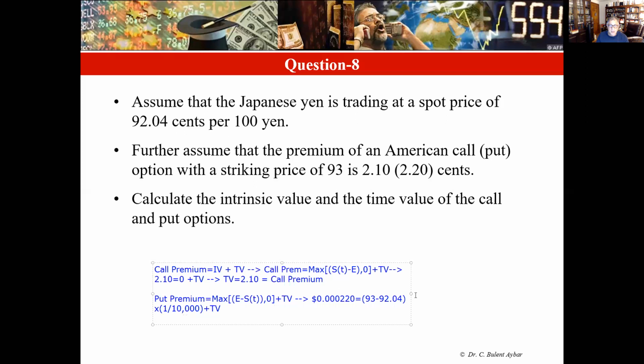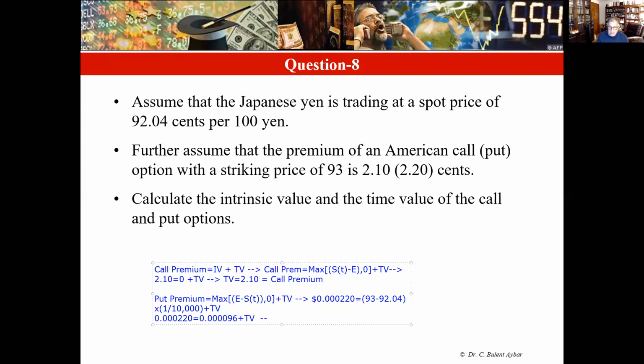So here, this part is worth 0.96. So if you write this down, 0.00220 is equal to 0.0096, because this is what we get, 0.96 divided by 10,000, plus time value.